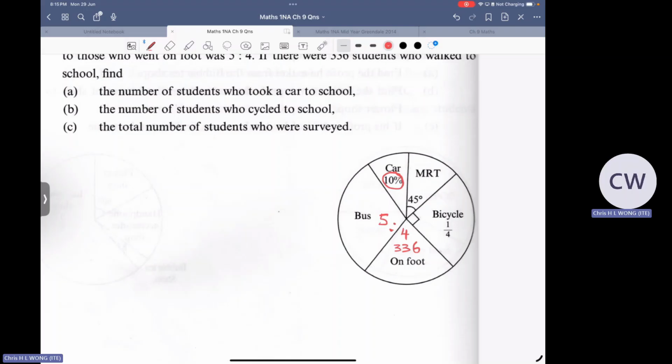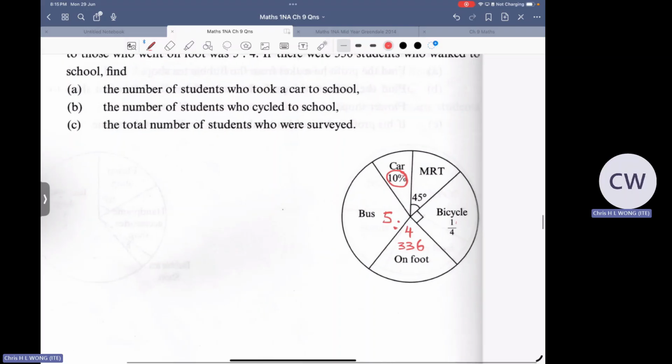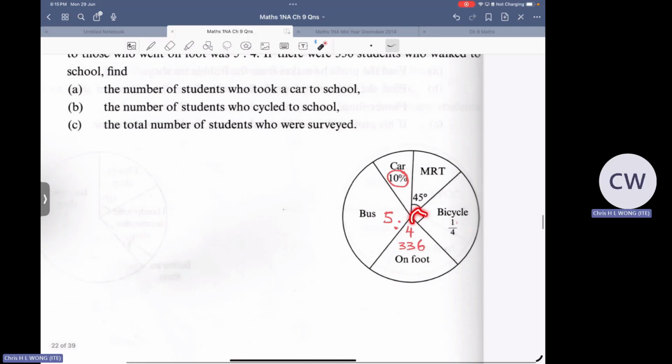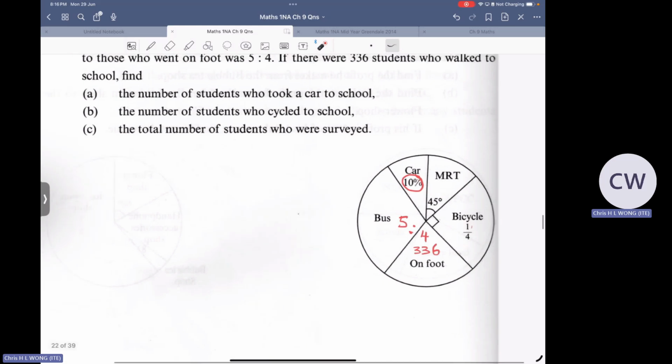Even though they give you 1/4 fraction, they also give you 90 degree. So this is actually 90 degree, 45 degree, but this one nothing. So you try to find out how many degree is 10%. You try to find out how many degree is 10%. That's your job. How do you find out how many degree is 10%?